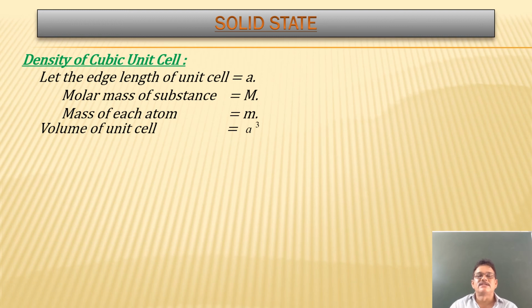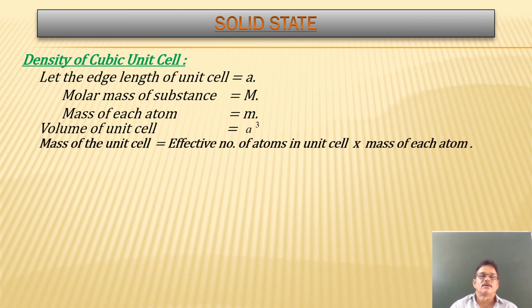Volume of the unit cell: as edge length of a unit cell is a, volume of unit cell is equal to a cube. Mass of the unit cell is equal to effective number of atoms in unit cell into mass of each atom. What is meant by effective number of atoms in unit cell?